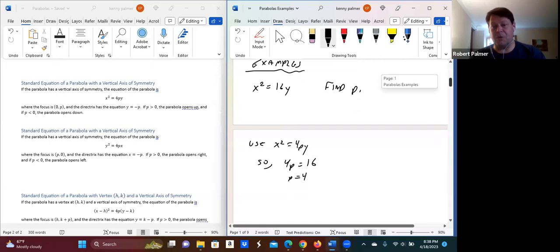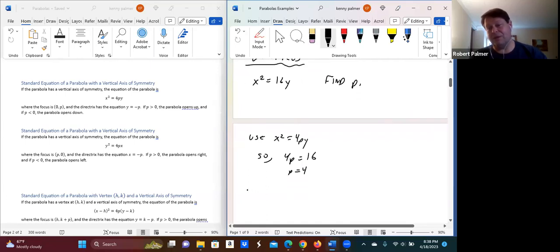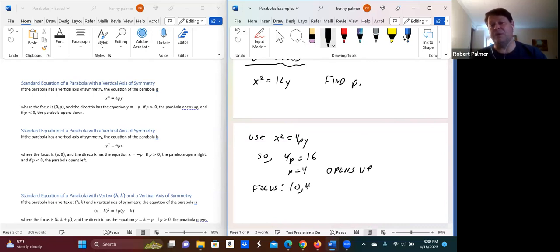And what that tells us is that this one opens either up or down, and it opens up since p is positive. So the focus has the coordinate 0, 4, and the directrix has the equation y equals -4.